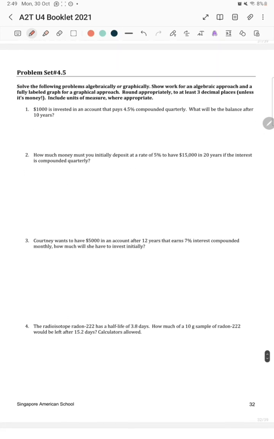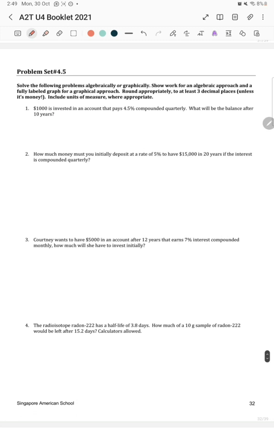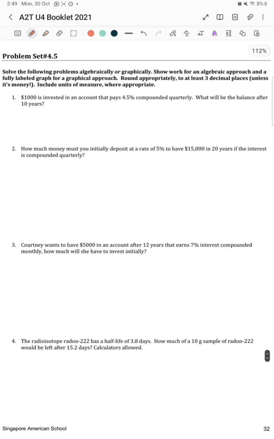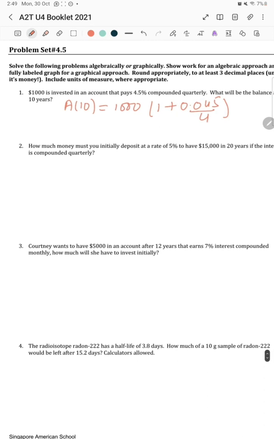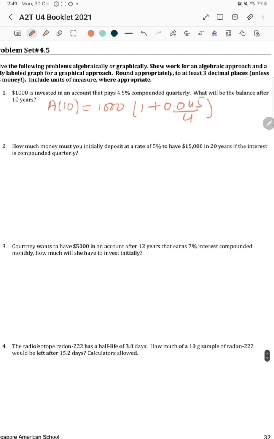So problem set: $1,000 invested in an account that pays 4.5% compounded quarterly. What will be the balance after 10 years? So very easy, we're just going to follow the same formula. A of 10 is equal to 1000, the principal amount, times (1 + 0.045/4)^(4×10).